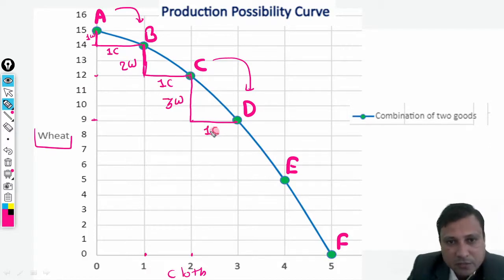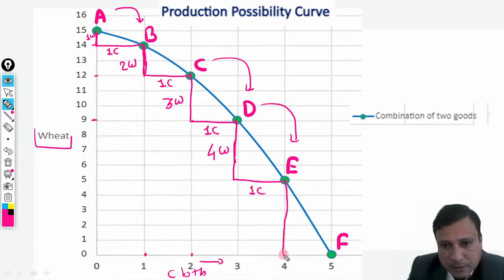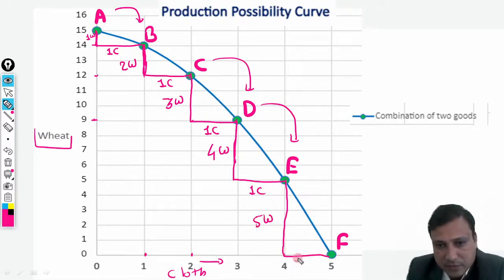The 1C remains the same here, because again this is a shift from 1 to 2. Again from D to E, if I draw this line, this is 4W, this is 1C, and from E to F, that is again 5W, and here is 1C.